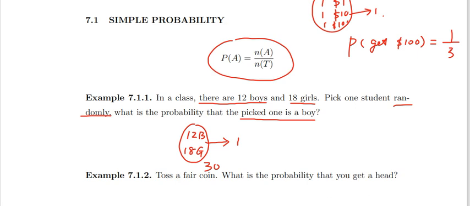So we can denote this as the probability you can get a boy, and we use B to stand for boy. In total we have 30 possibilities. You can pick this one, you can pick that one, right? 30 chances. Among the 30, 12 are boys, right?